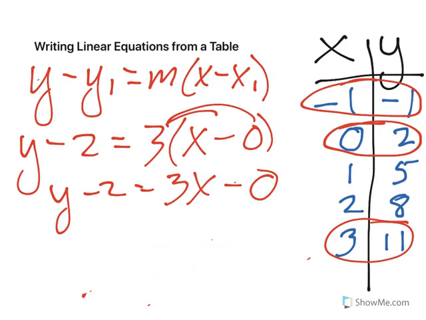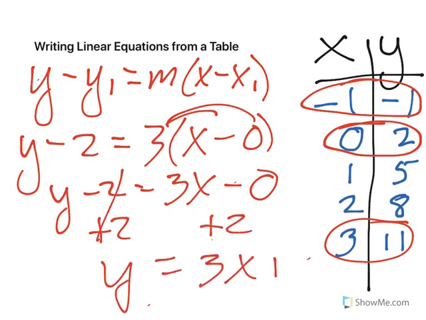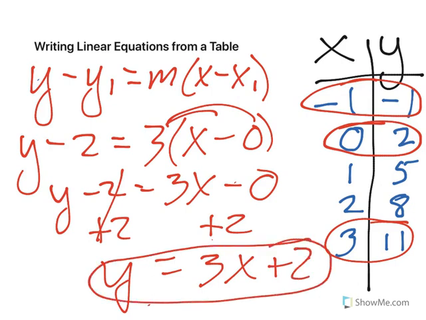Let's make some more room down here and add 2 to both sides. Those will cancel and you get y is equal to 3x plus 2. And there's your linear equation from a table.